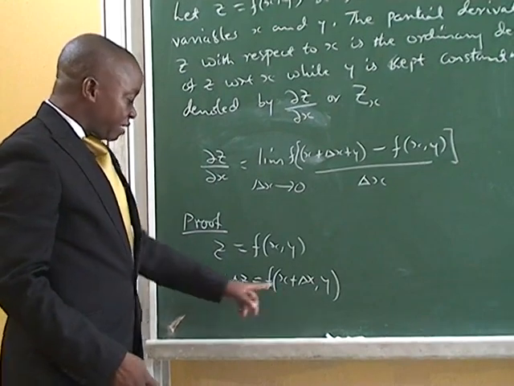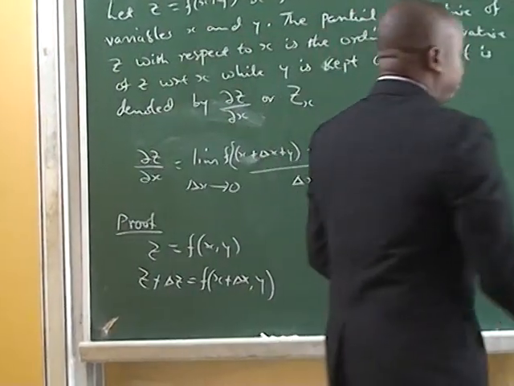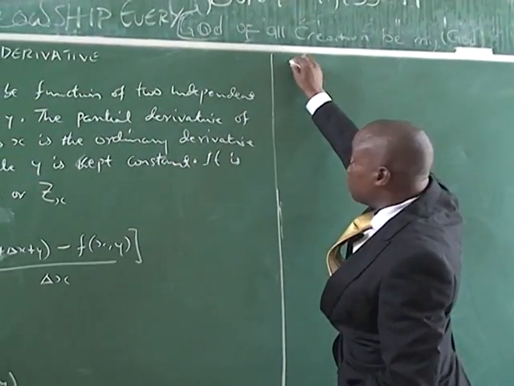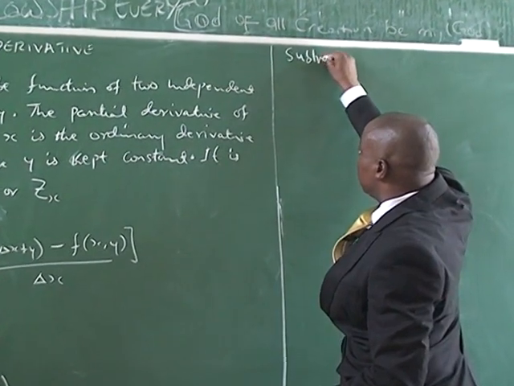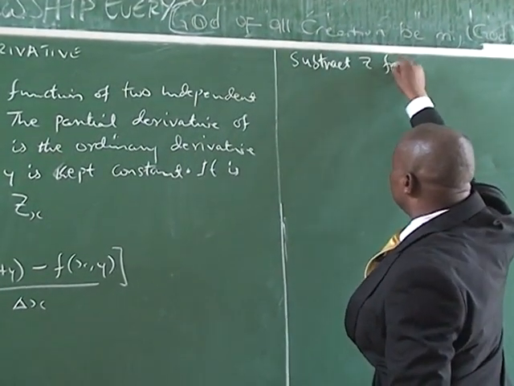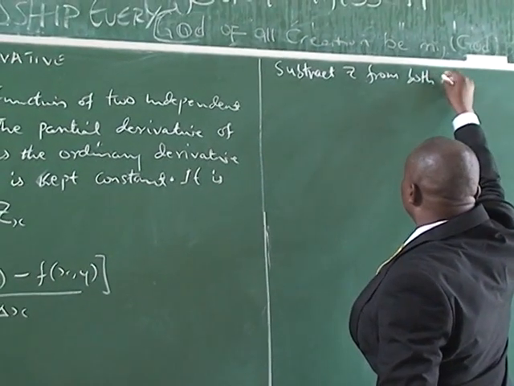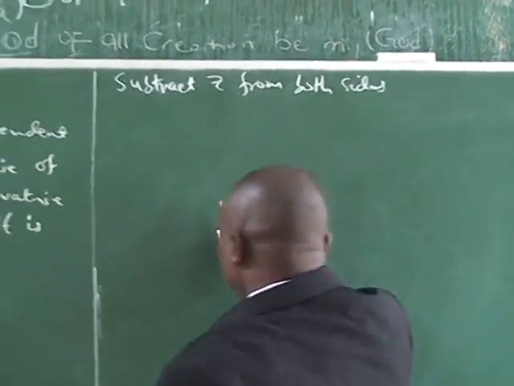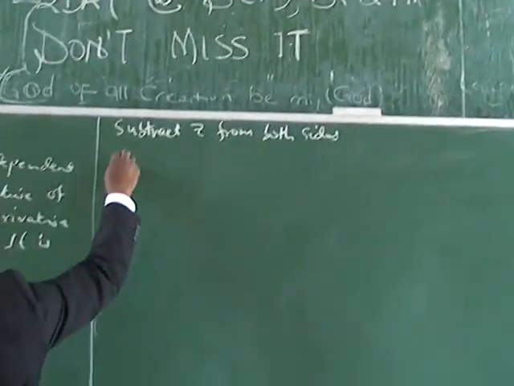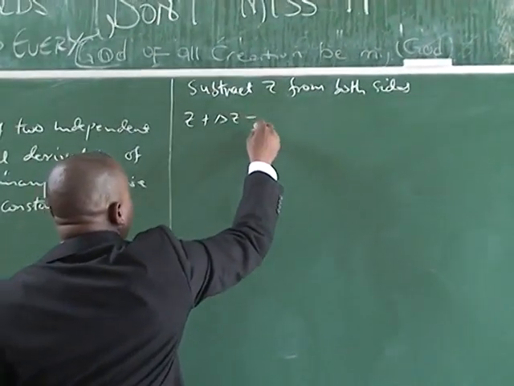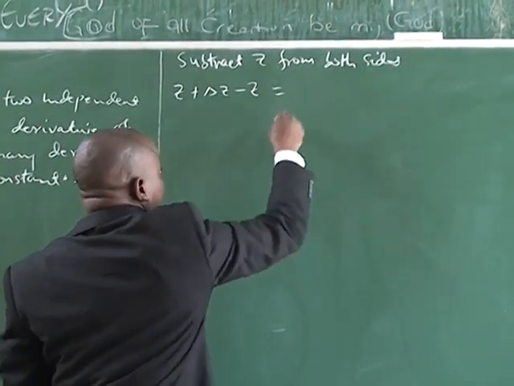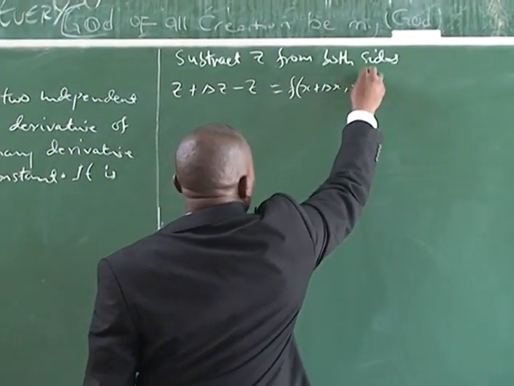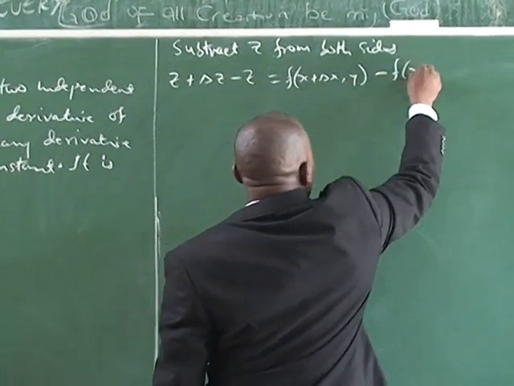Now, if we have this, still from our knowledge of first principle differentiation, I'm going to subtract z from both sides. If I do that, I will have z plus change in z minus z is equal to f of x plus change in x, y, minus f of x y.